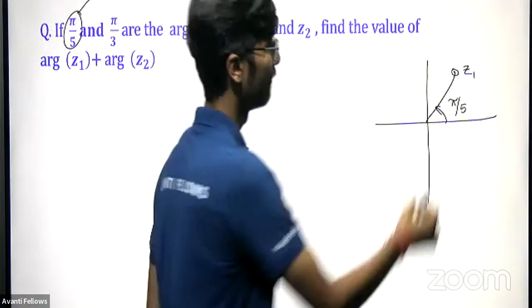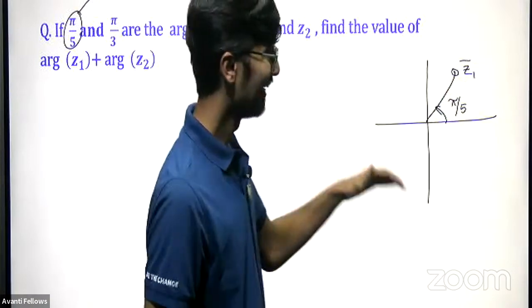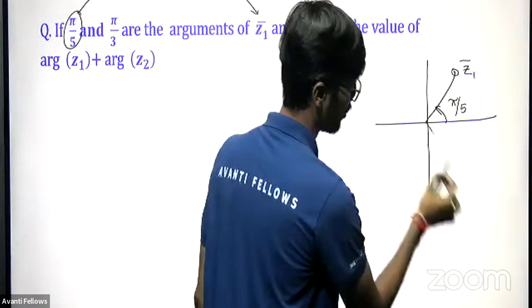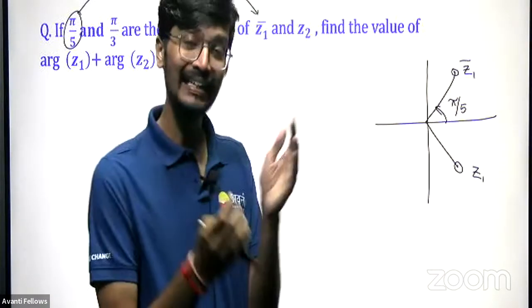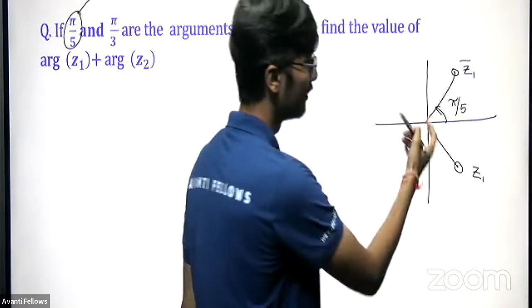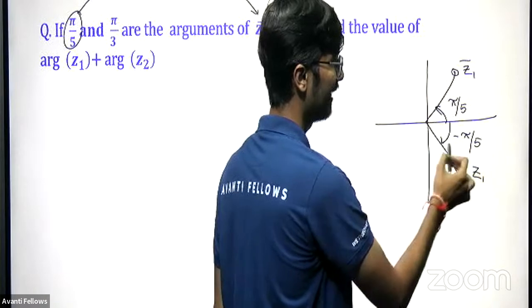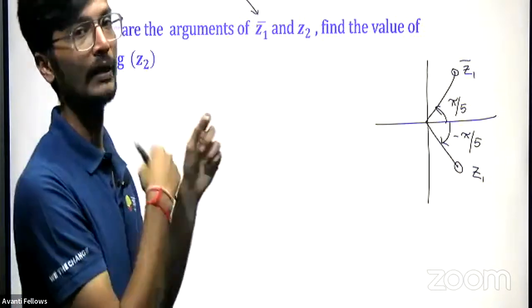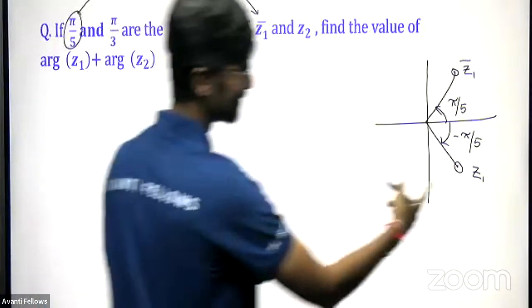If z1 bar is here, then where will z be? z will be the exact mirror image in the x-axis. So z1 will be here, and if it is an exact mirror image, this is pi by 5 and this will be minus pi by 5. Why minus? Because we are going clockwise. So that means this is z1.